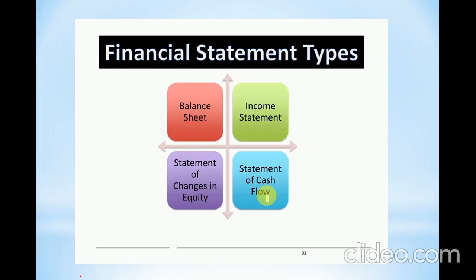But according to GAAP, Generally Accepted Accounting Principles, they divided the financial statements into four parts: the balance sheet, the income statement, the statement of changes in owner's equity, and the statement of changes in financial position.